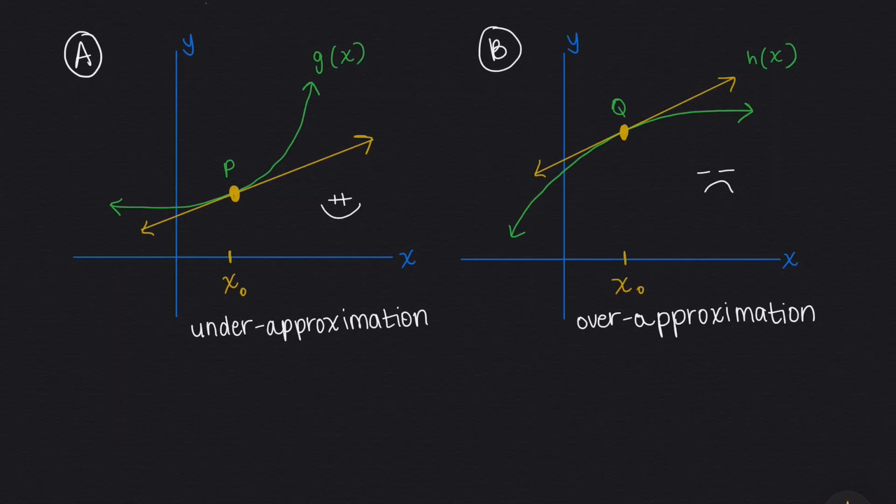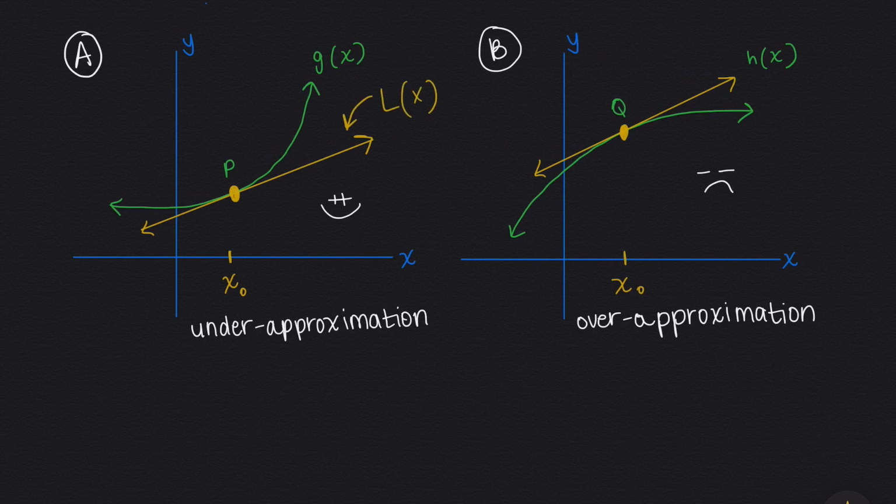Let's focus on graph A for a little bit, and let's tie this picture back to our lesson. So remember the equation that we found a long time ago in our theorem, L of x, the linear approximation? Well, that would be the equation to this tangent line.